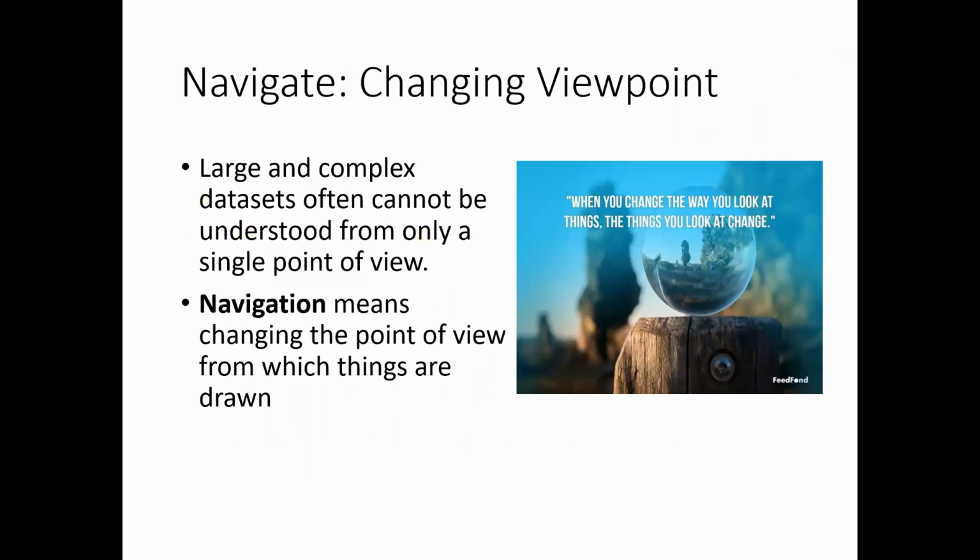So changing viewpoints: large and complex data sets you can usually not understand from just a single point of view. So navigation allows you to change the points of view from which things are drawn. And I usually don't go for motivational posters, but the one that you see here is actually quite good. So there are three components to navigation: zooming, which moves the camera closer or farther away from the plane that you're inspecting.